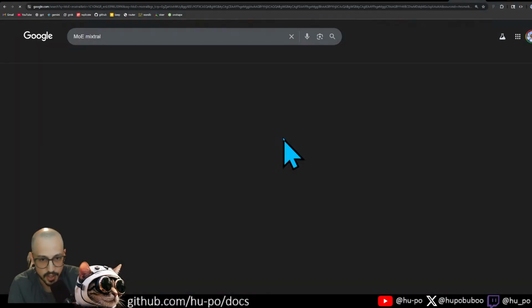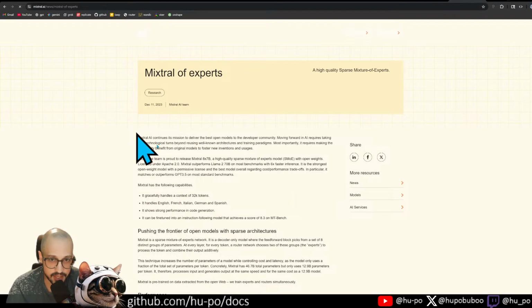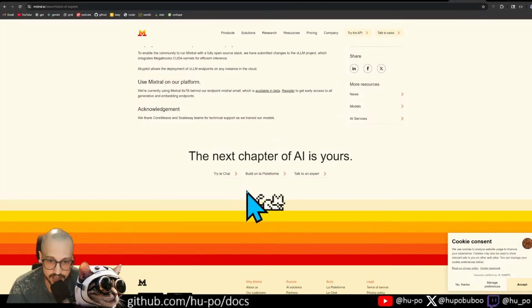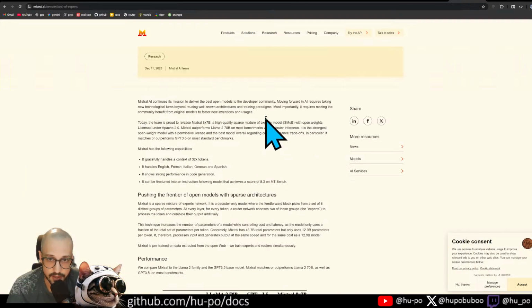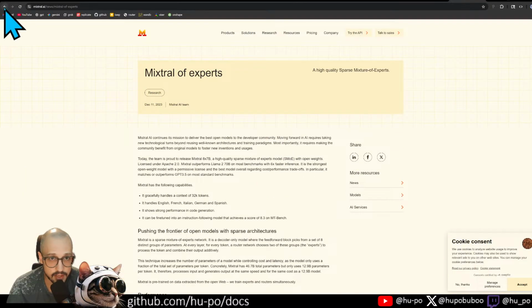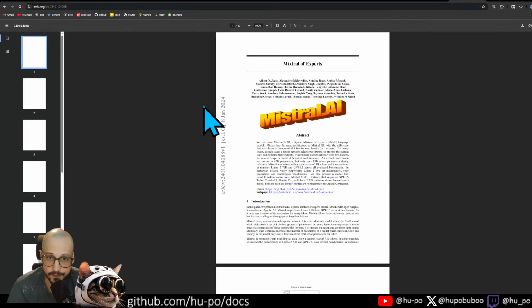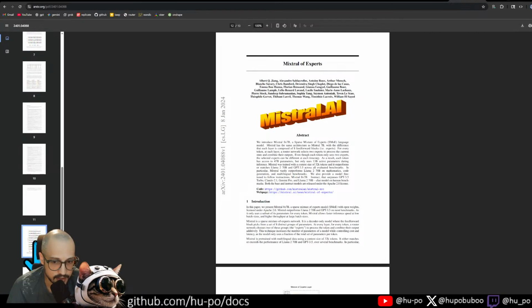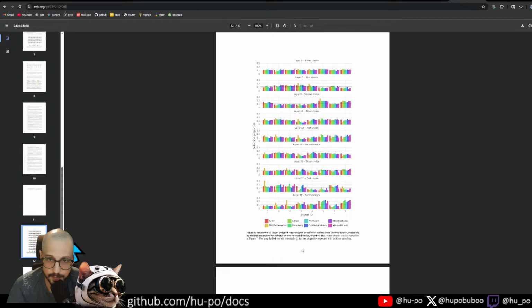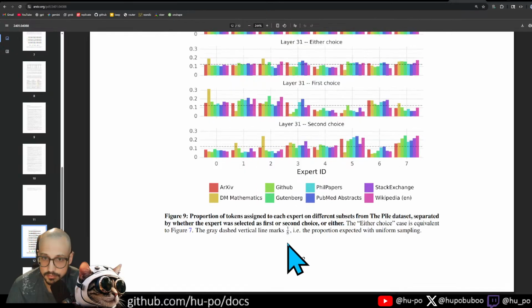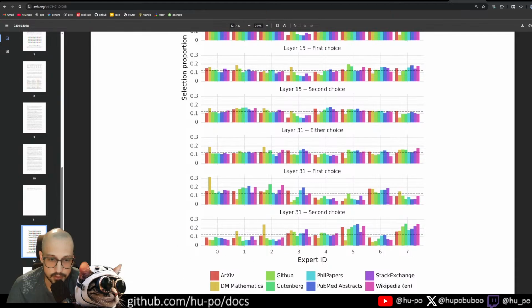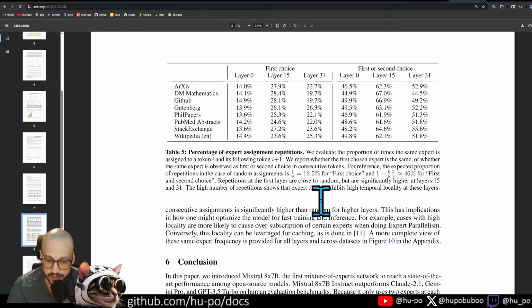With Mixtral, I always go back to this paper because they have a very nice figure that shows this. Yeah, this one right here.